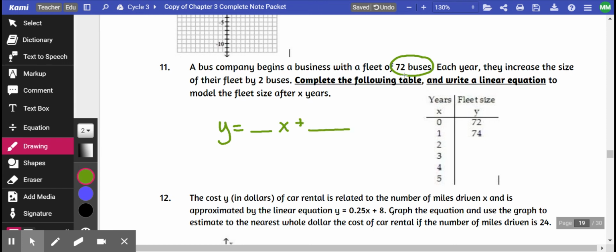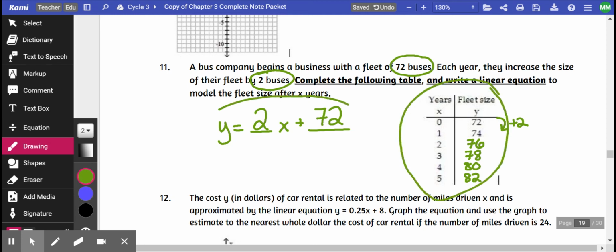We know already that our starting value is 72, and that leads us to believe that 2 would be our rate or our slope. And we can look here. Yep, it's going up by 2. That is our slope. So after another year, after 2 years, we would have another 2 added. So that would be 76 buses. And then 78, keep going up by 2, 80, and then 82. All right, so we finished our table, and we also have our equation.